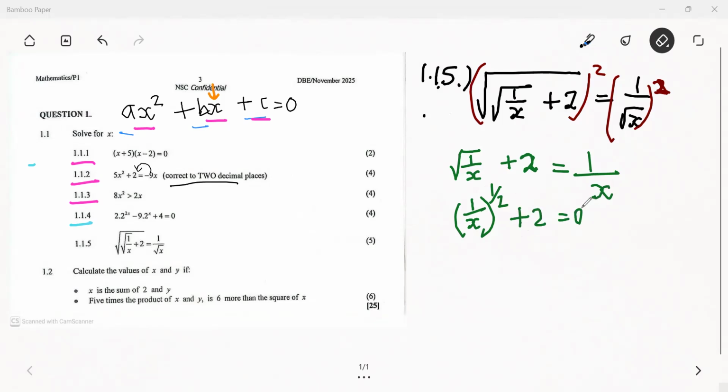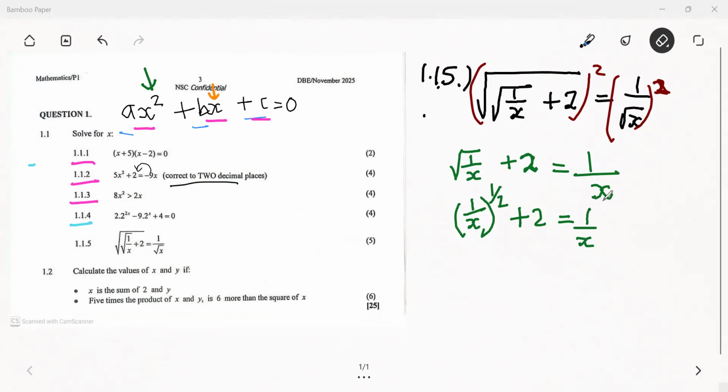Let's just do it step by step. I was about to skip a step. Now this is 1 over x. Look at this. This is 1 over x to the power of a half. This is 1 over x to the power of 1. It again resembles a quadratic, because there's something squared, something to the power of half of that, and a constant.